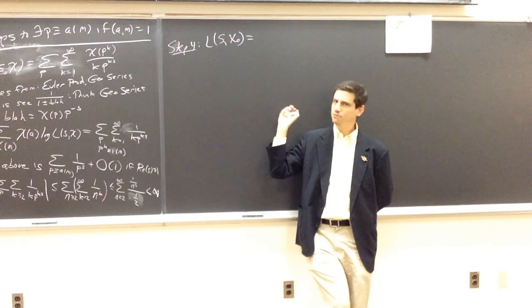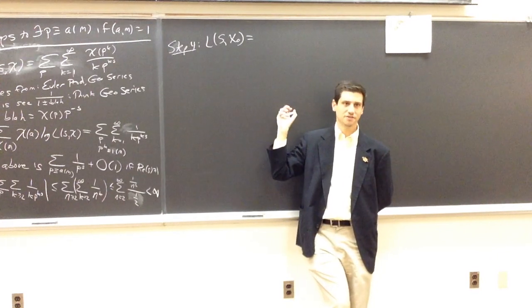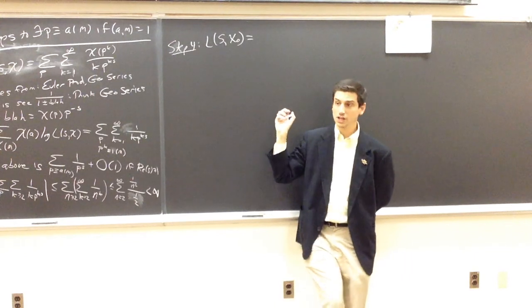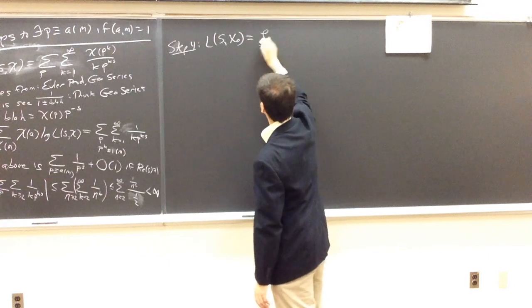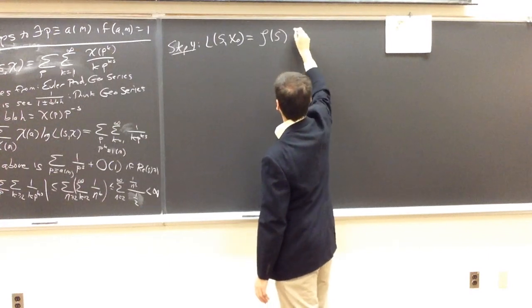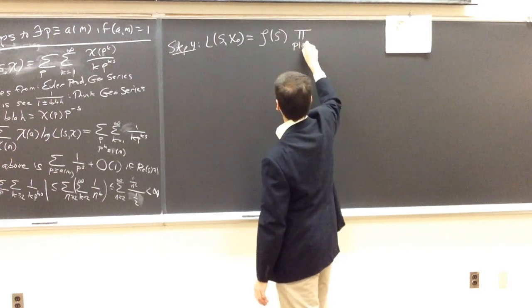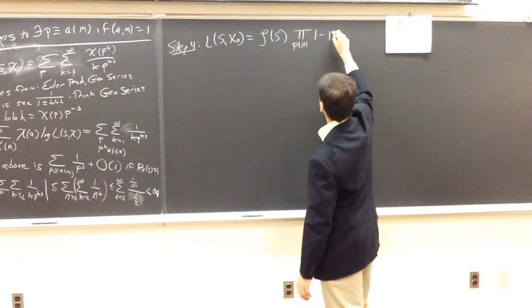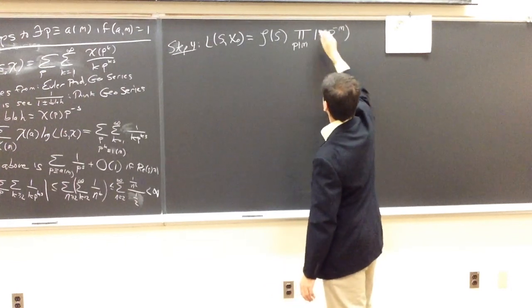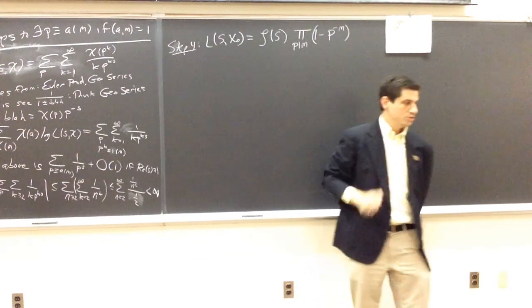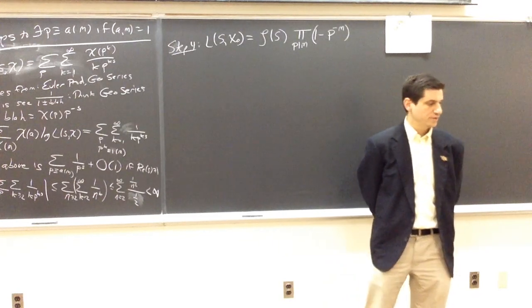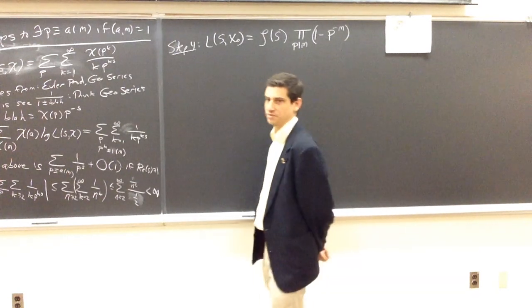So what does this look a lot like? It looks a lot like the zeta function. And it turns out it equals the zeta function times the product over all primes dividing m of 1 minus p to the minus s. What we're doing is balancing and removing just a couple of factors.